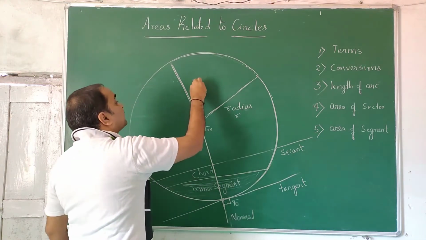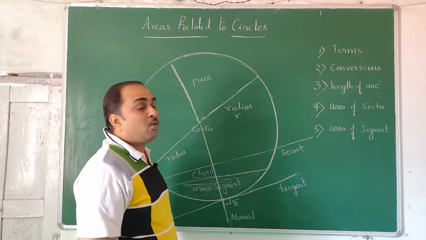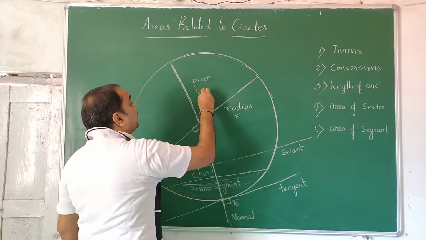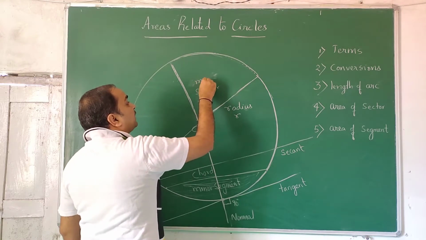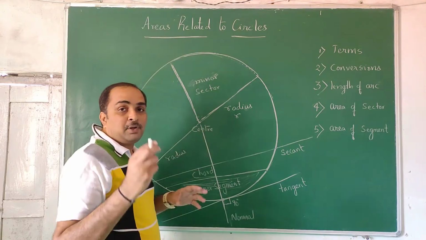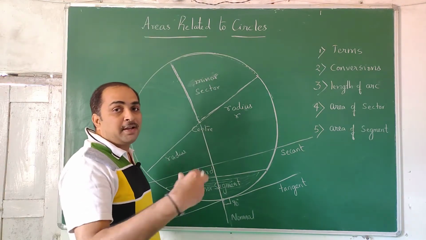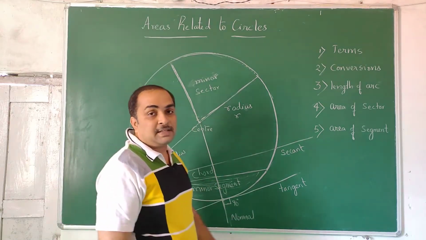So that piece of pizza, one single piece of pizza what you have taken is called sector, and the small piece is called minor sector. And the leftover portion, for example, a pizza has been cut into 6 pieces, you have taken 1 piece, remaining 5 pieces leftover is called major sector.